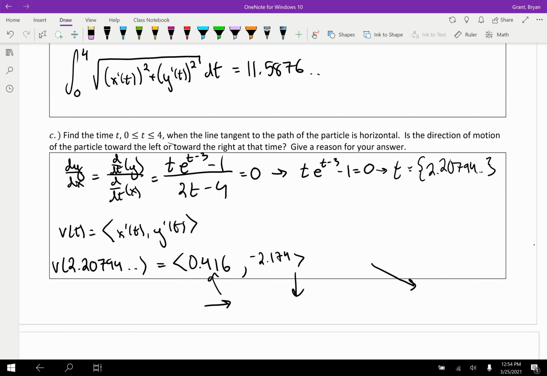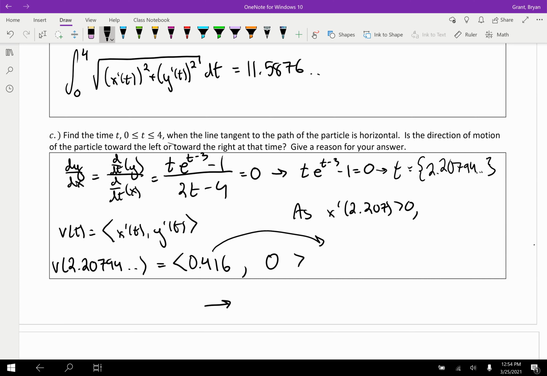Those two components combine together to push us downwards diagonally. But this is 0. They asked if the particle is moving left or right. We found because this is positive, we're moving to the right. Justification: as x prime of 2.207 is greater than 0, the particle moves right.